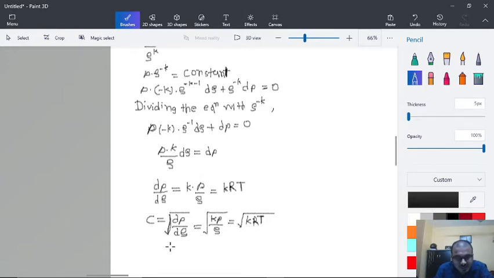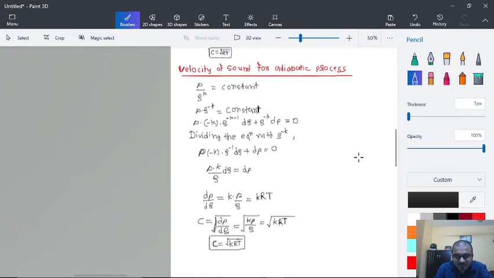So C is equal to square root of k RT. So that is the final equation that we have, and now let's copy this work into our main slides.